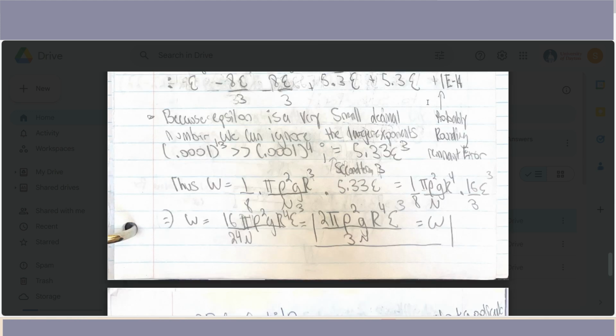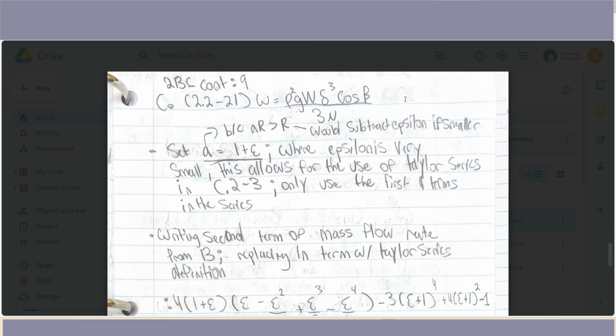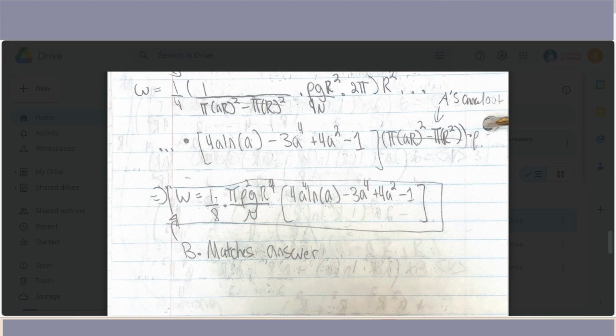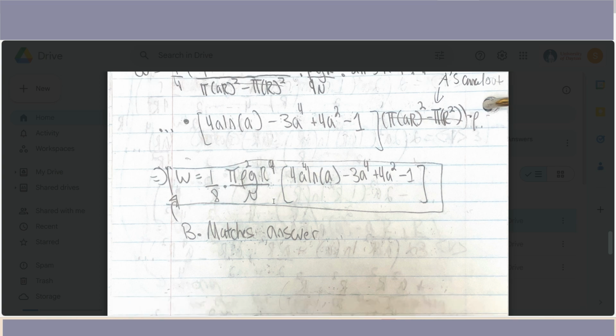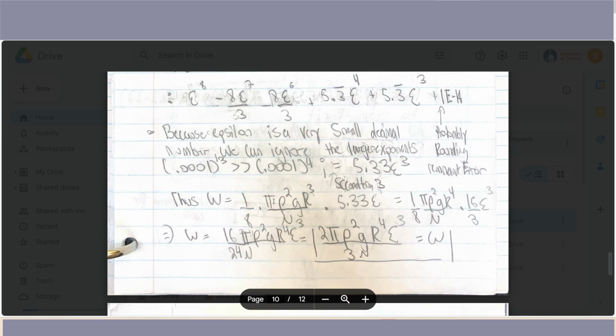So we just multiply 5.33333 infinitely to the third, and we multiply that times just this here. So it's basically going to be 5.33 divided by 8 times epsilon to the third, which I'm pretty sure is what we got.